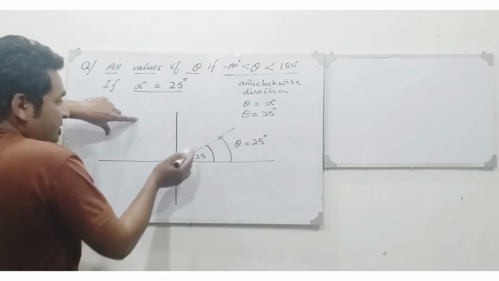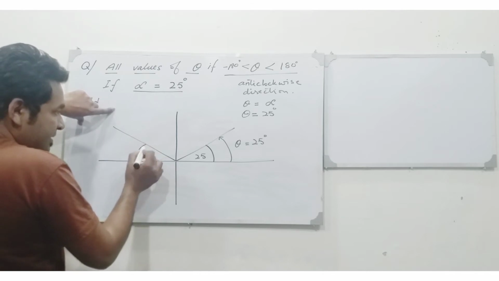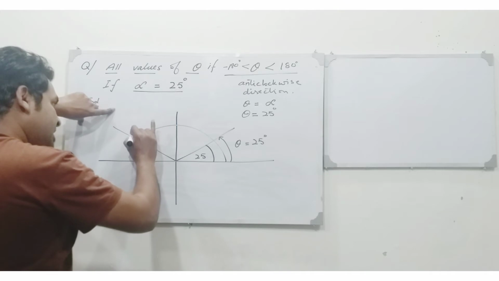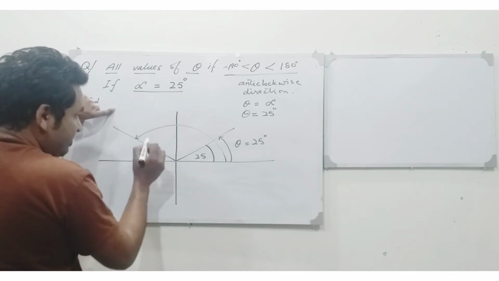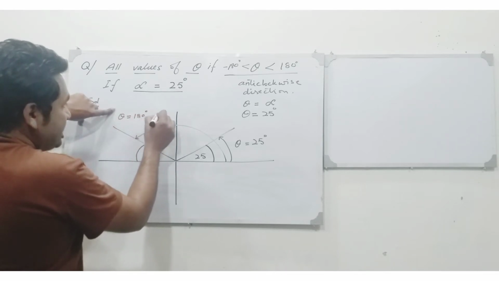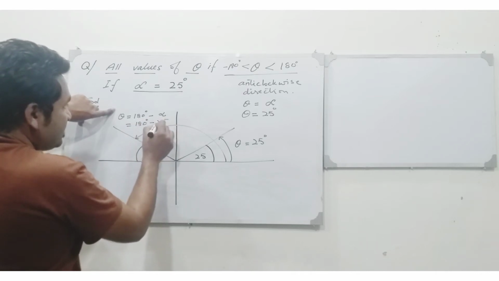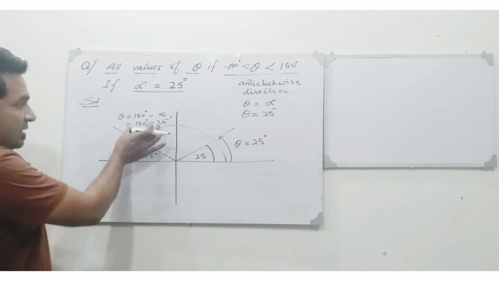When the basic angle is in this quadrant, again we are moving in anti-clockwise direction. The value of alpha is 25, so theta will be equal to 180 minus alpha. You can solve it further by yourself.